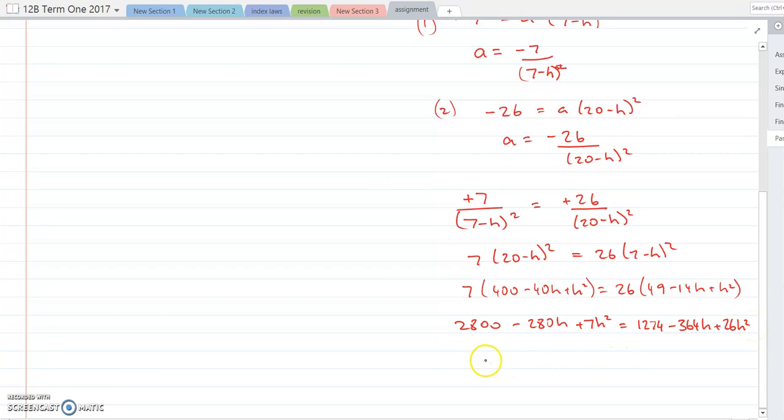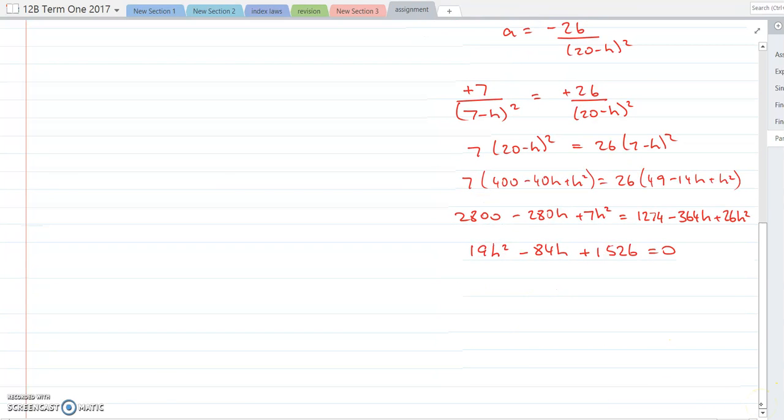Move everything to one side and I'm going to get 26 minus 7 is 19h squared minus 84h plus 1526 equals 0.